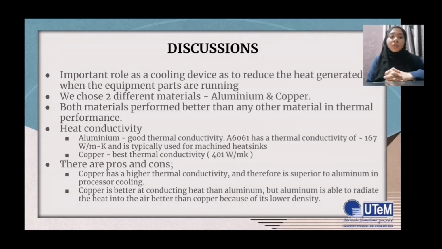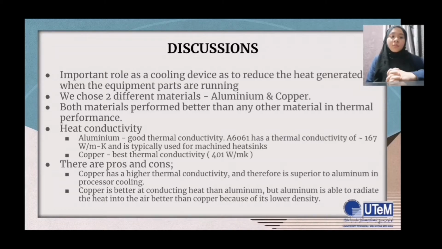The metal is lightweight and has relatively good thermal conductivity, while copper has even better thermal conductivity than aluminum and is preferable for higher heat transfer rate applications. For aluminum, we use aluminum alloy 6061, commonly used with a thermal conductivity value of 167 watt per meter Kelvin, and it is typically used for machined heat sinks.